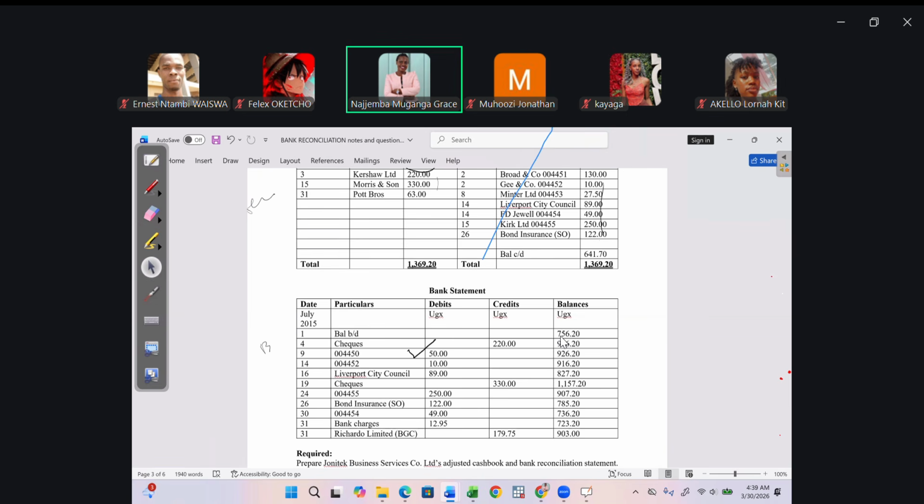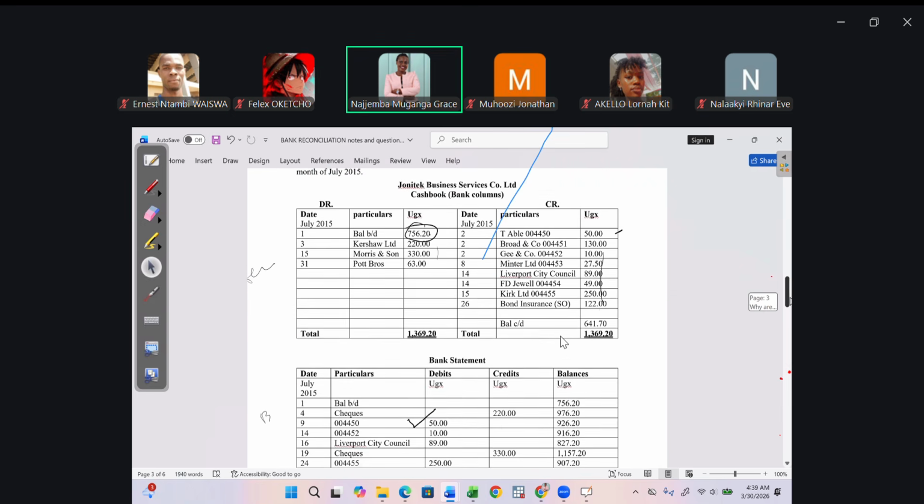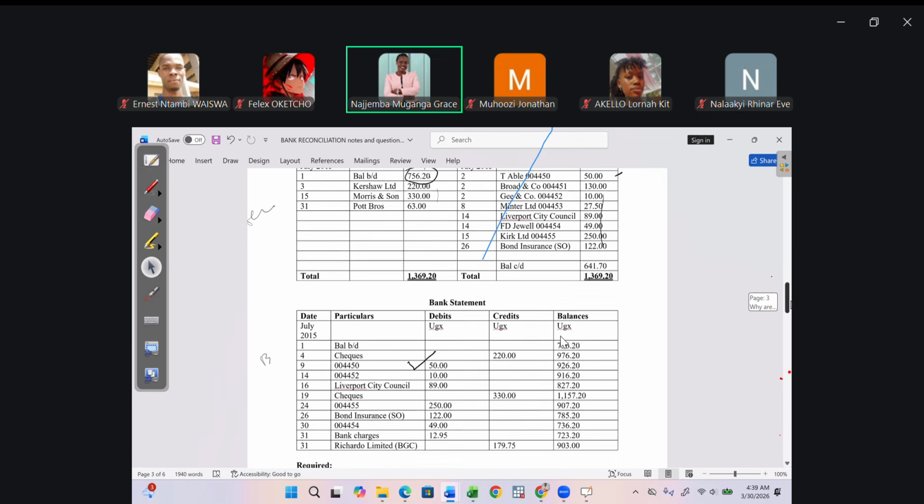And if the error is made in the cash book, that would be corrected in the cash book. So it's all about cancelling out what had earlier been recorded. Okay, so we're going to see how to go about all such errors.